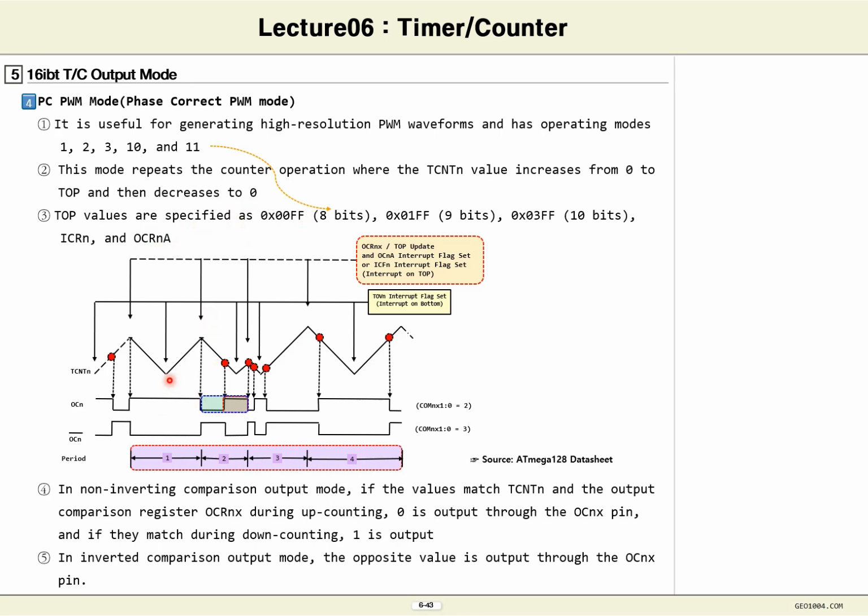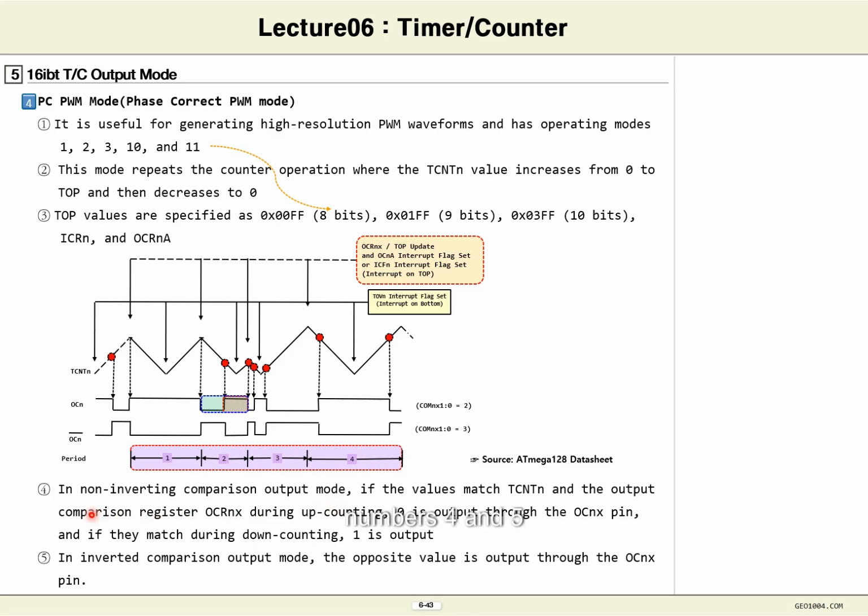Therefore, as you can see, increments and decrements occur like this. So, clearing occurs during increment. During a decrement, a set occurs. And the inversion mode will output the opposite logic that I just explained.